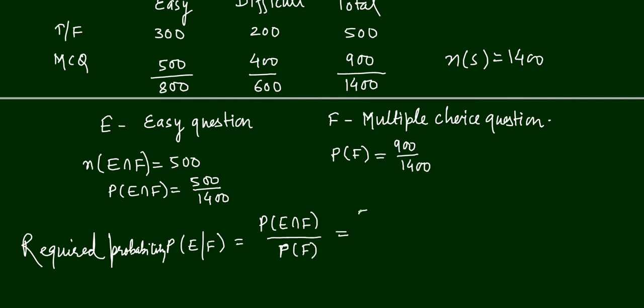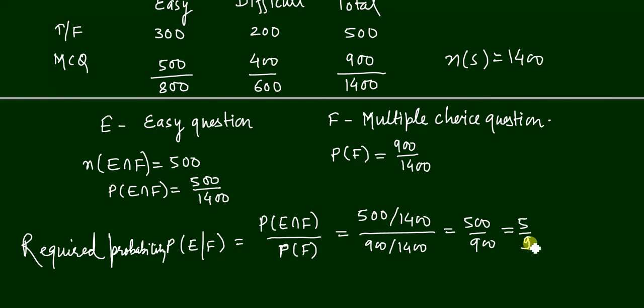It is 500 divided by 1400, and this is 900 divided by 1400. So this will be 500 upon 900, that is 5 upon 9 will be our required answer.